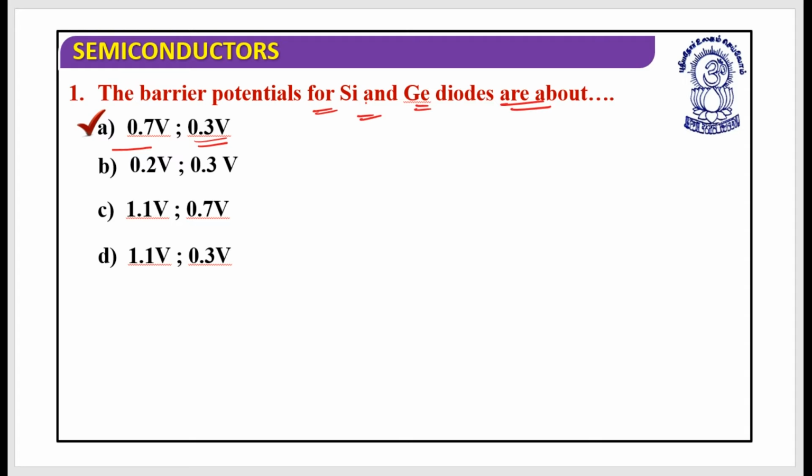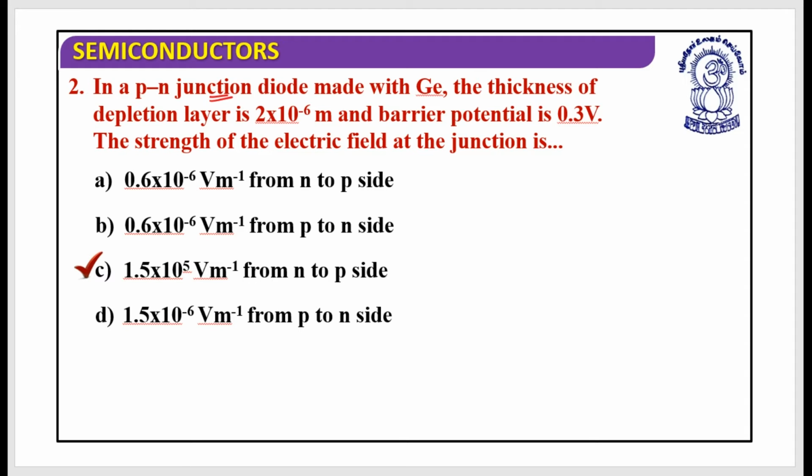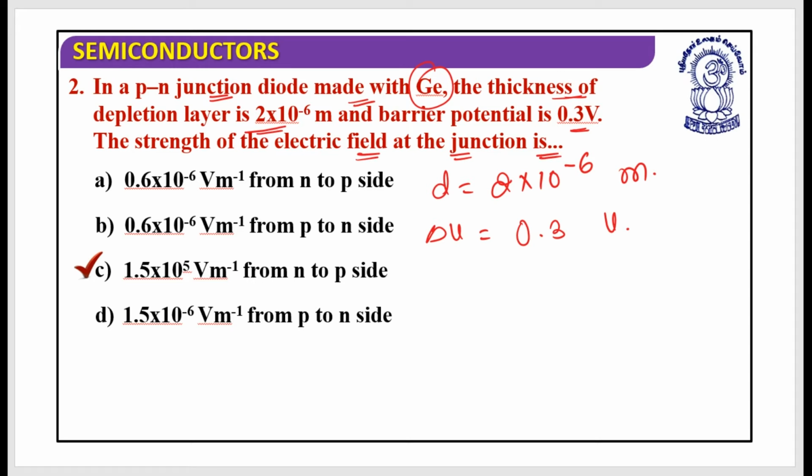Next, in a PN junction diode made with germanium, the thickness of the depletion layer D is given as 2 × 10^-6 meter, and the barrier potential ΔV is given as 0.3 volt. The strength of the electric field at the junction is E = ΔV divided by D, which is 0.3 divided by 2 × 10^-6.